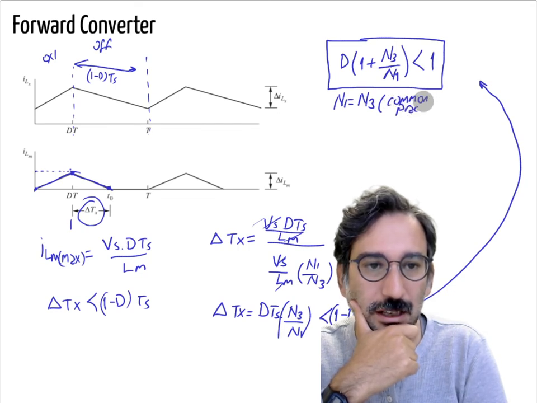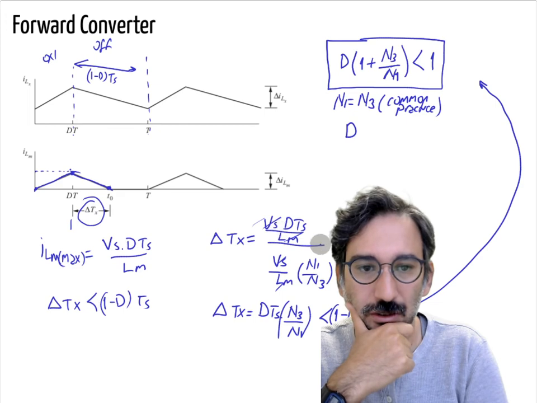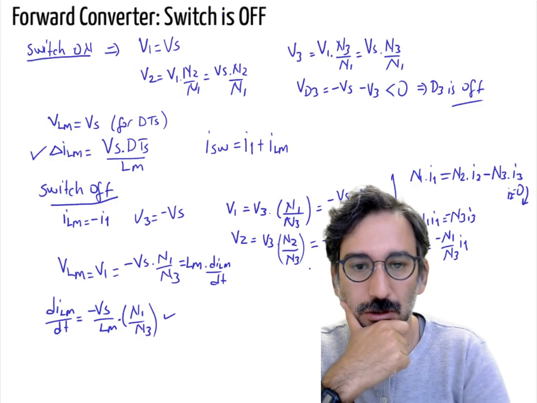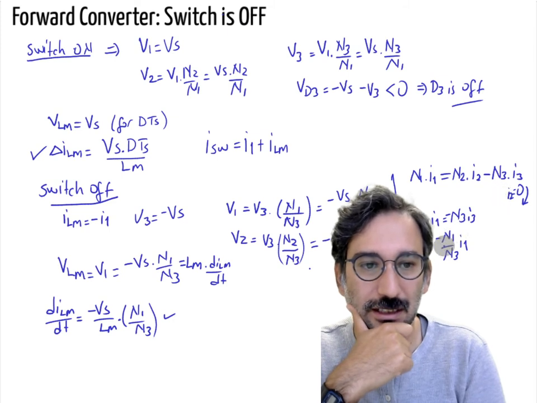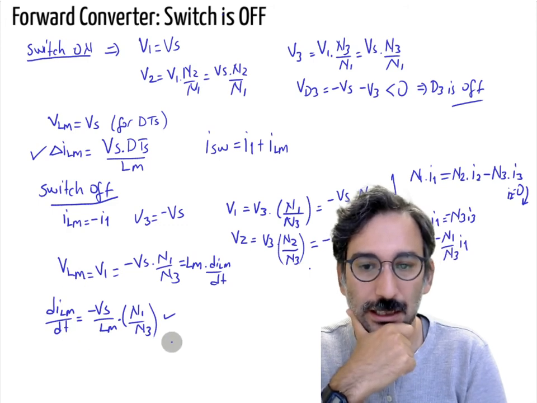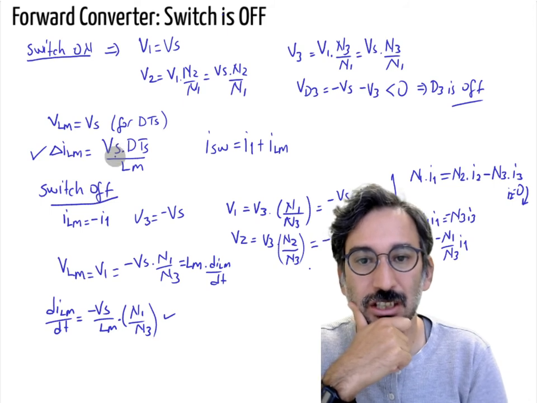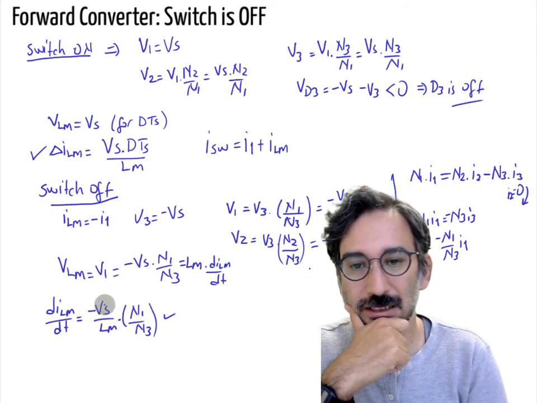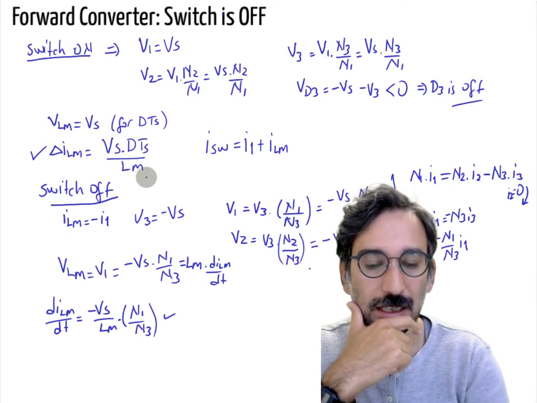Let me say common practice. So then that means, if they are the same, you can cancel all the N1 over N3 terms. So actually here I3 is identical, and in the reverse direction I3 is equal to minus I1, so this discharging rate is the same as the charging rate. So if that one is cancelled, it is minus Vs over Lm, while when it's charging it is Vs over Lm.